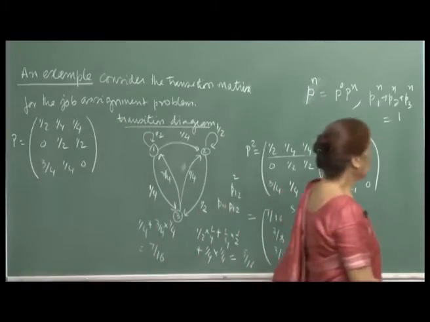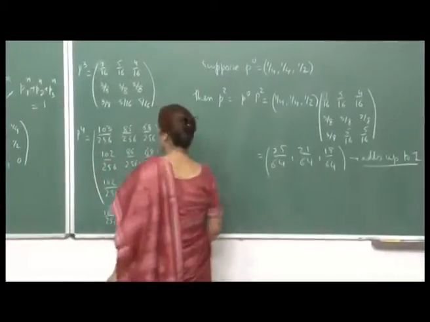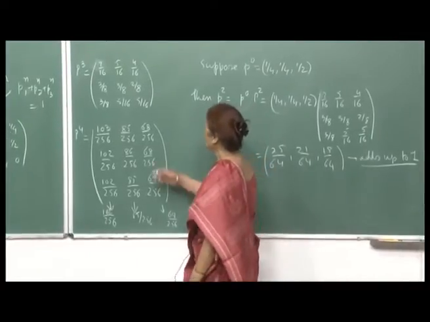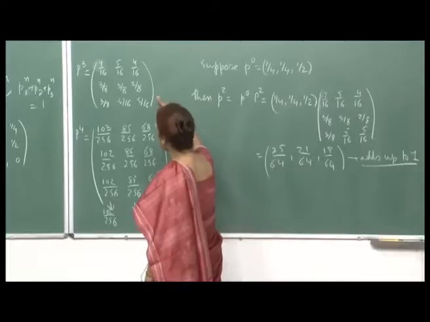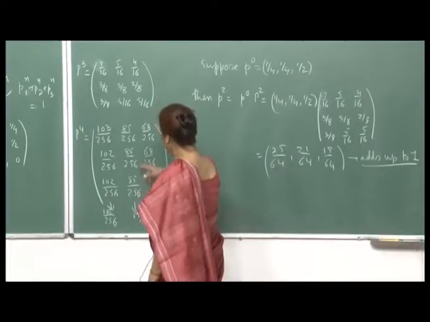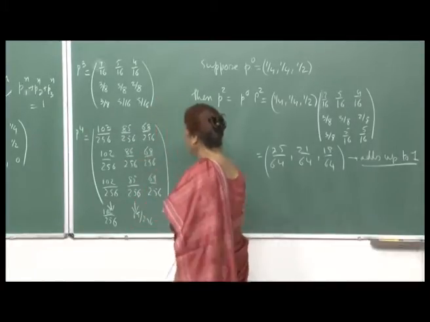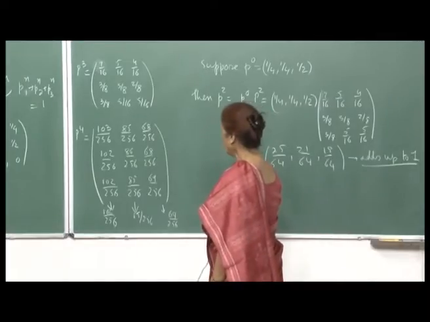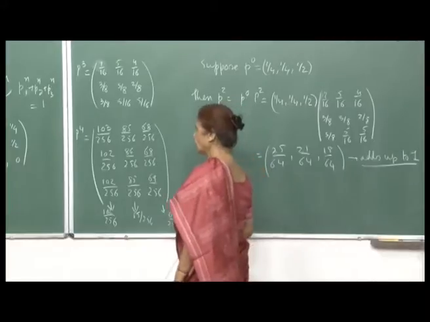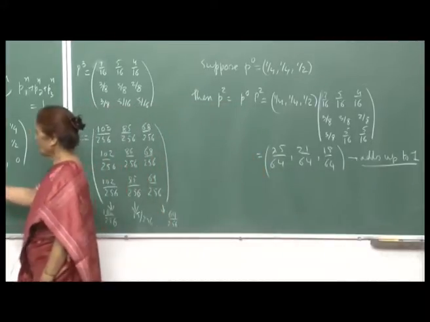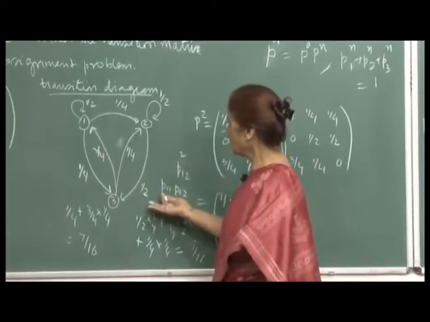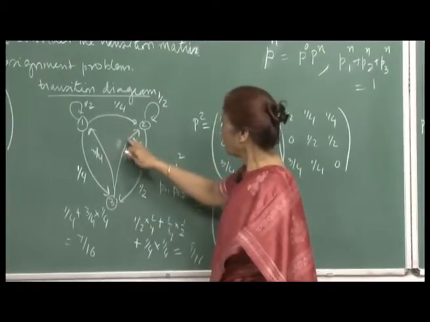Now, I made further computations, took powers of P. So, P 3 comes out to be this, and if you compute the fourth power, then these are the numbers. Another aspect that I want to point out here is that, in this particular case you are able to transition from any state to any state, even though some of the arcs are missing.